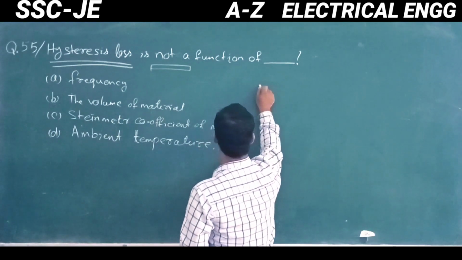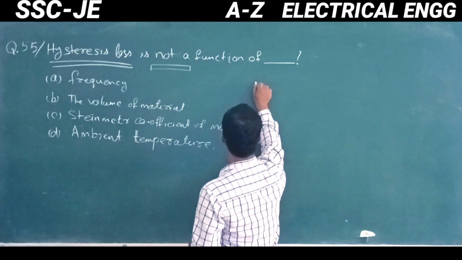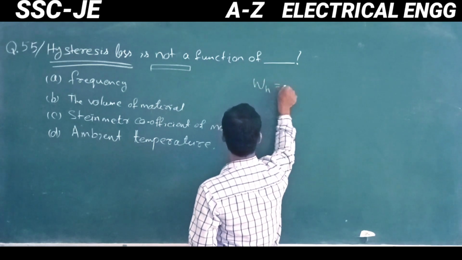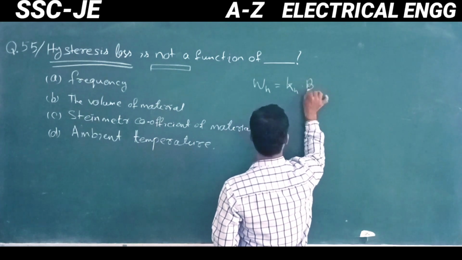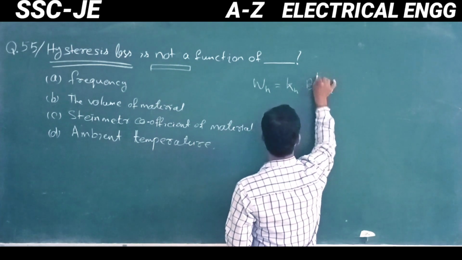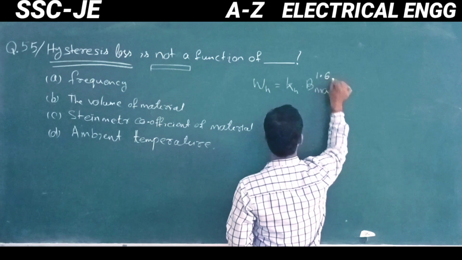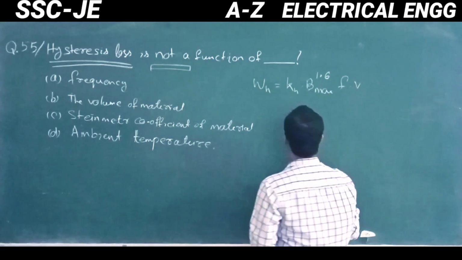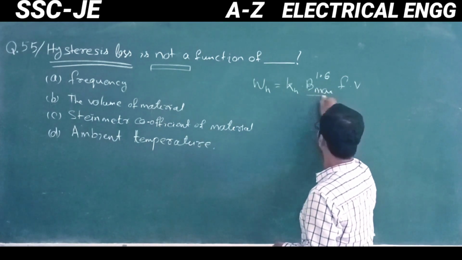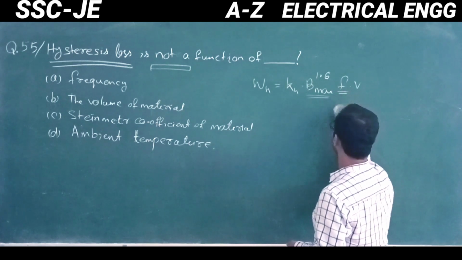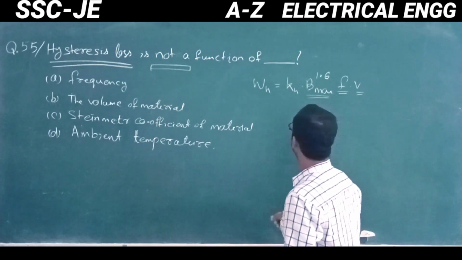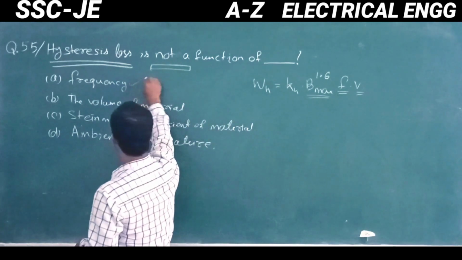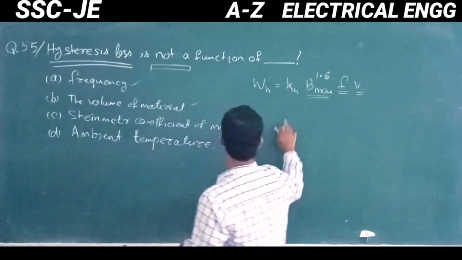If we write the formula for hysteresis loss, WH is KH into B max to the power 1.6 into F into V, where B max is the flux density, F is the frequency, and V is the volume of the core or material.